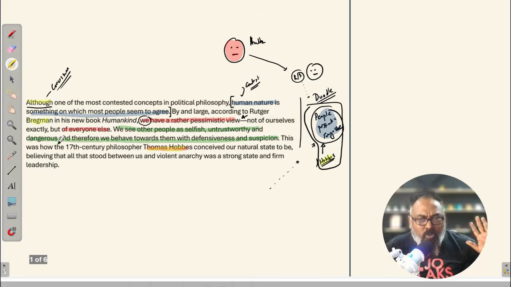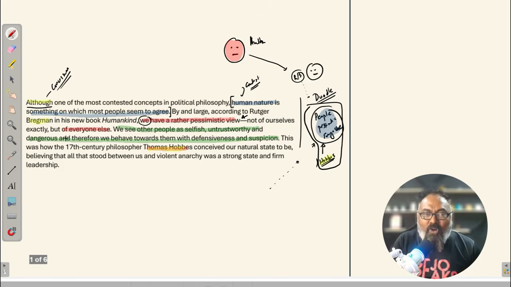The only thing this paragraph is telling me is that people think everybody is bad. Human nature is bad. That's what people think. That's the only thing I'm going to take from here. Therefore, this first paragraph is just building some sort of background or context.